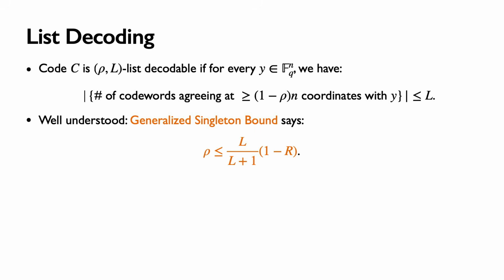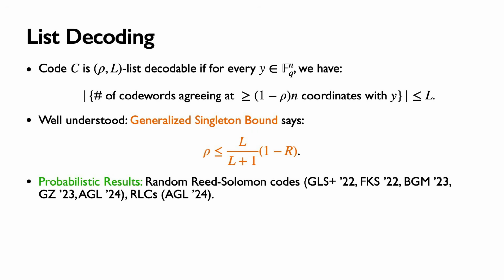In this case, the generalized Singleton bound says that you get this kind of a trade-off when you want a code which is (rho, L) list decodable with rate R. You cannot get radius better than this. As capital L increases, this becomes closer to 1 minus R, which is the Singleton bound.